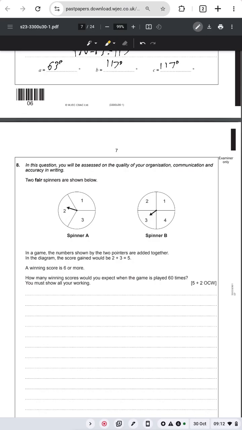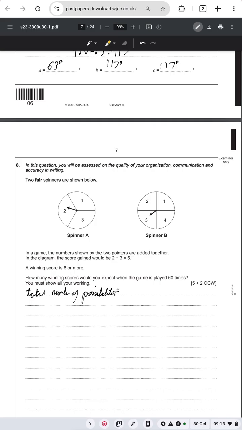So first of all, the total number of possibilities. For every number on spinner A, there are 4 possible numbers that spinner B can also be on.